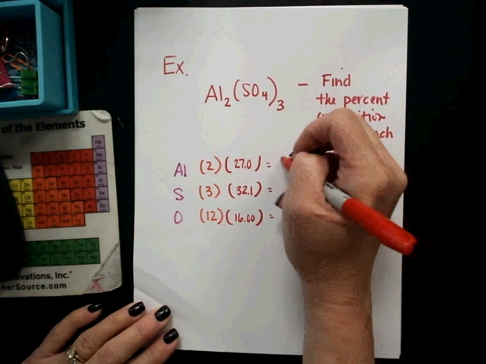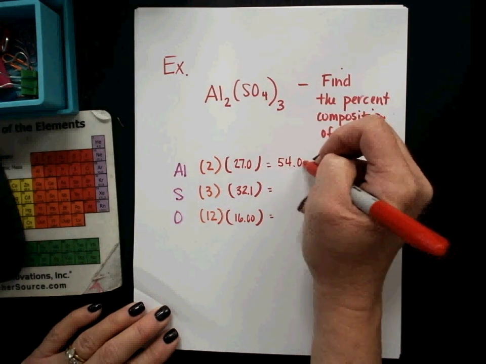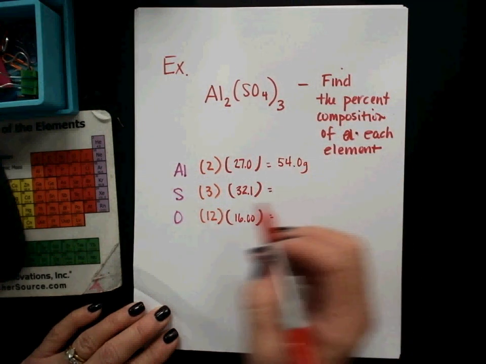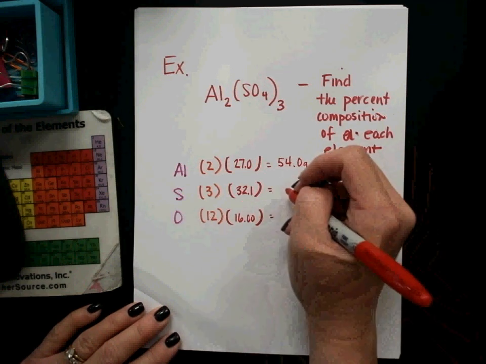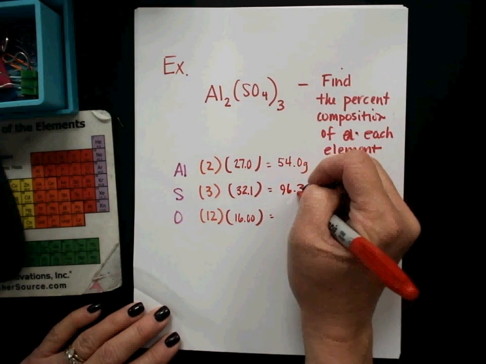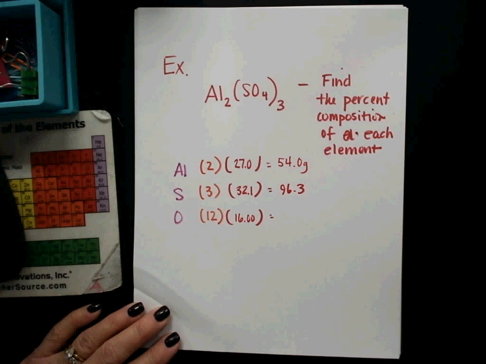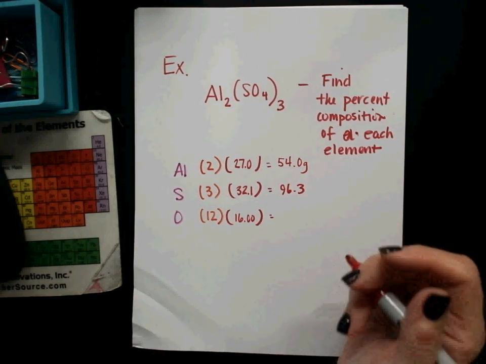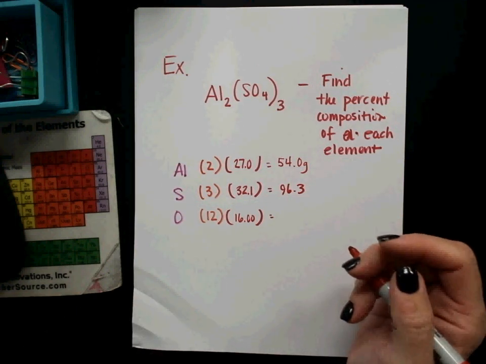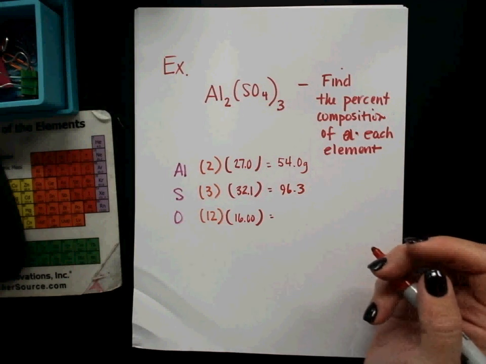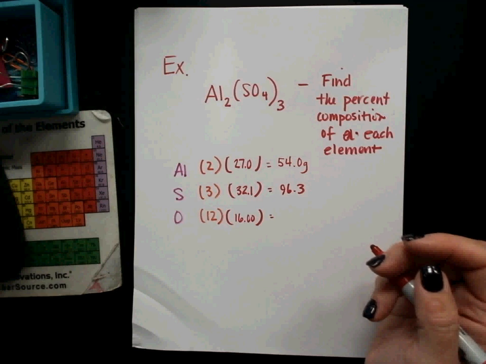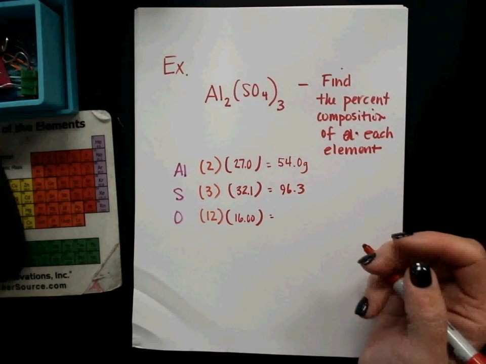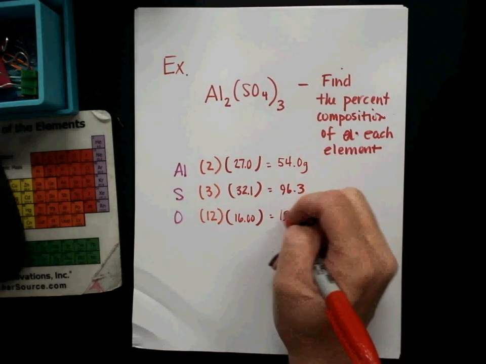So I would take 2 times 27, which gives me 54.0 grams. 3 times 32.1, that would be 96.3. What's 12 times 16? 192. Thank you.